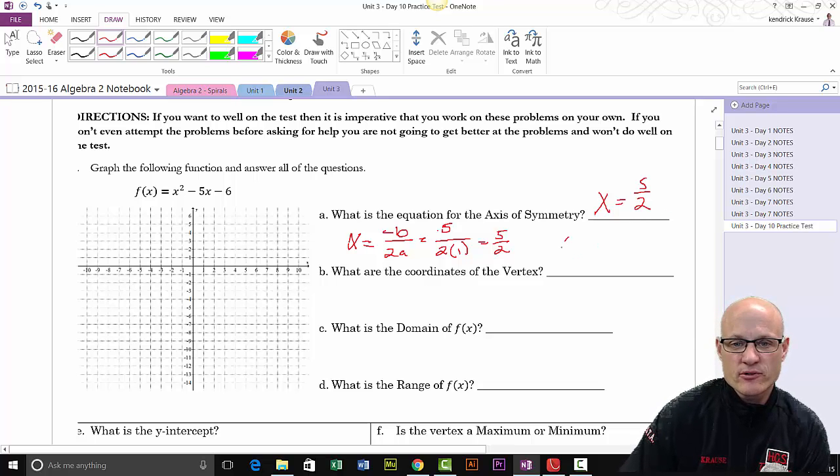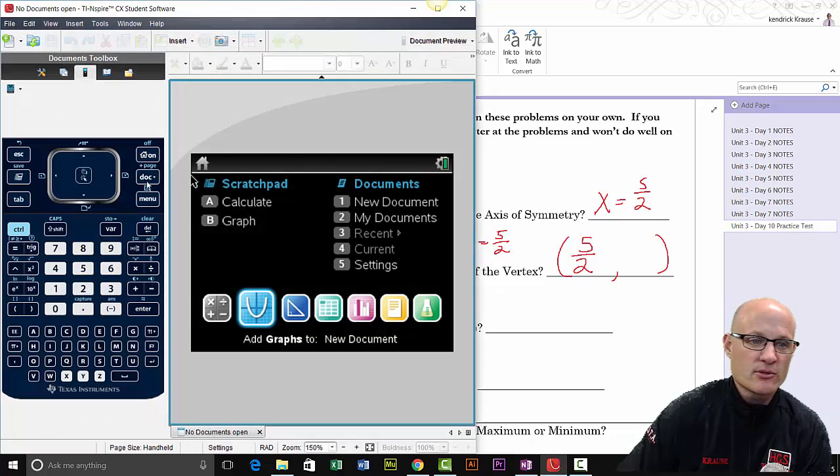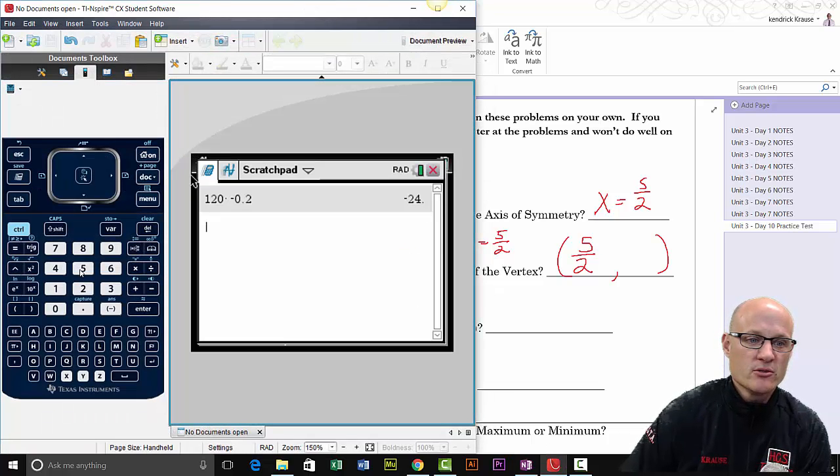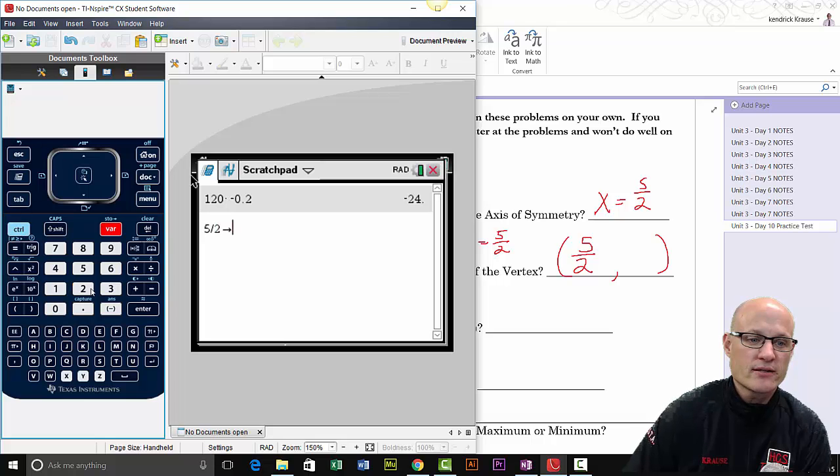What are the coordinates of the vertex? Well, I'm not exactly sure, but I know that the x value is 5 halves. So I'll grab my trusted dusty calculator. We'll take 5 divided by 2 and store that into x.